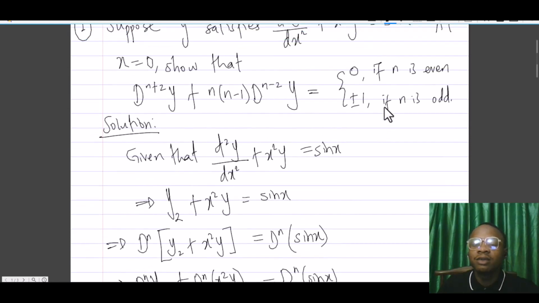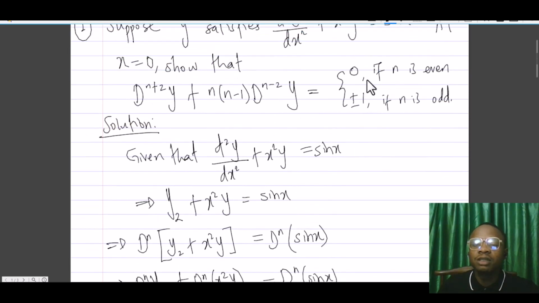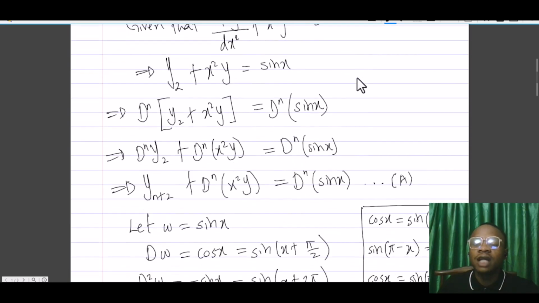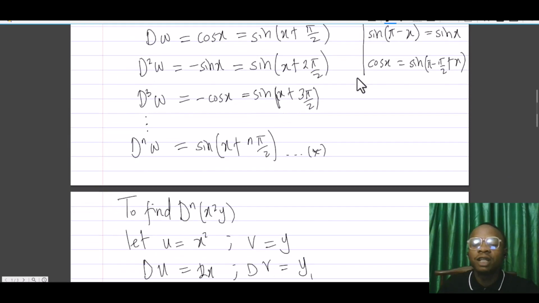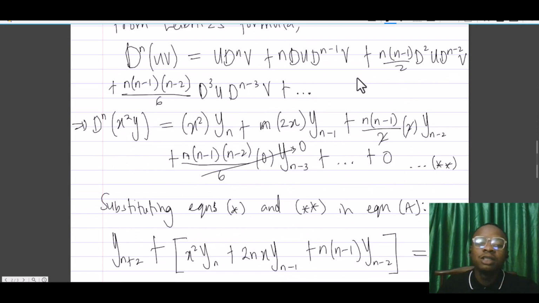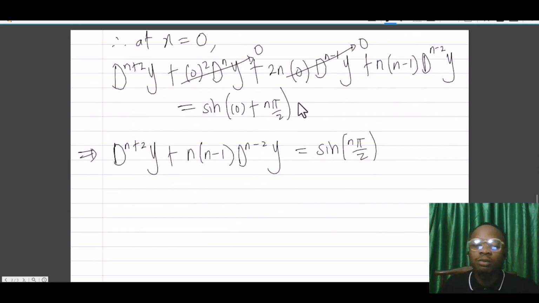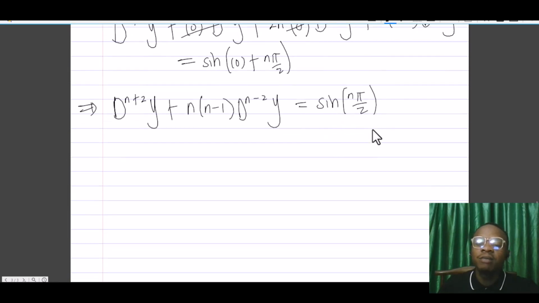We know the right hand side currently has sine of n pi over 2. So let's see what will be the values of sine of n pi over 2. Don't forget that n is a natural number, so we can only take on positive integers from 1 upward. That's why we have to consider what happens to sine of n pi over 2 for positive integers from 1 upward, of course.